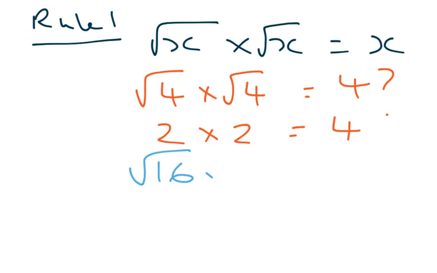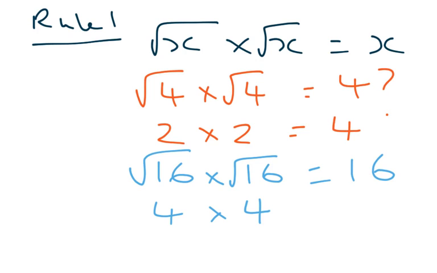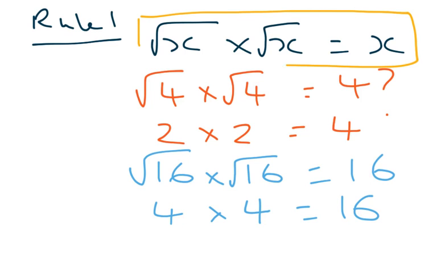Root 16 times root 16. According to the rule at the top, written in black, that should give me 16. Let's just see if that happens. Root 16 is 4, and root 16 is 4. Yeah, 4 times 4 is 16. So this rule up here is very, very important. I want you to look out for that on this video as we do our examples together.